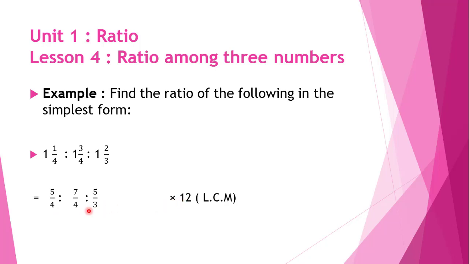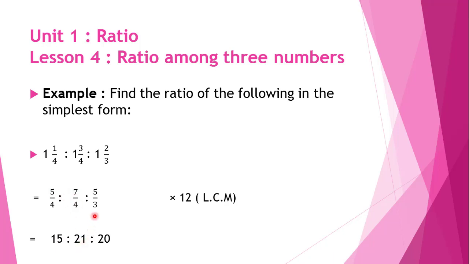So I'll multiply all the three terms by 12. 12 over 4 equals 3. 3 multiplied by 5 equals 15. In the same way, 3 multiplied by 7 equals 21.